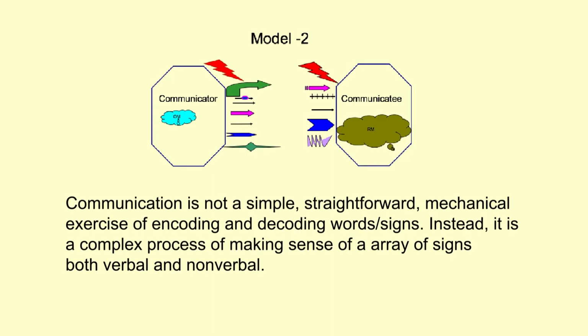In other words, this particular model implies that communication is not a simple, straightforward, mechanical exercise of encoding and decoding signs. It is a complex process of making sense of an array of signs, both verbal and non-verbal.